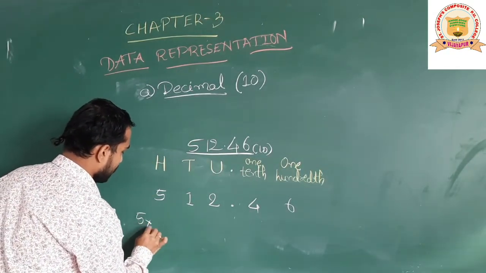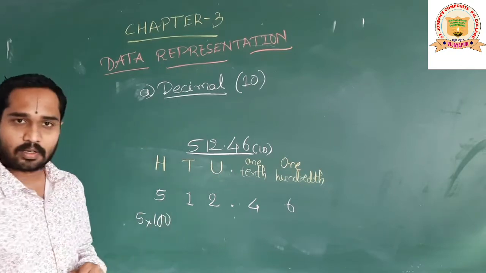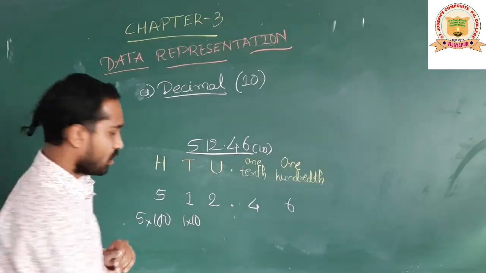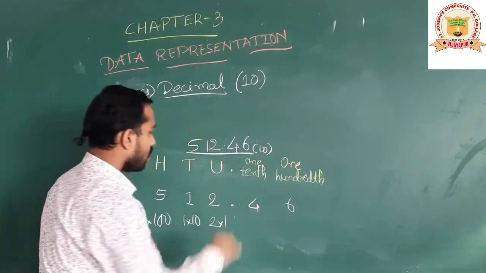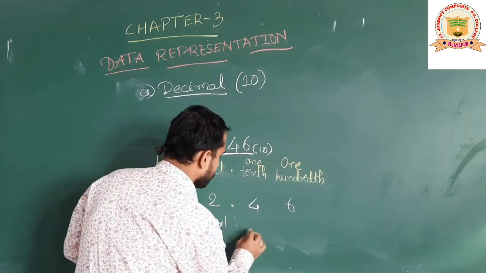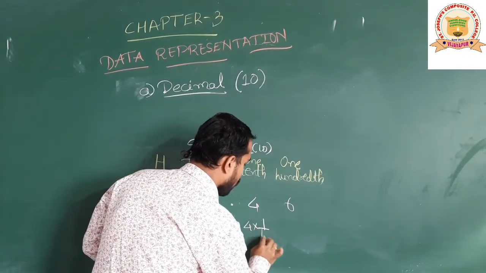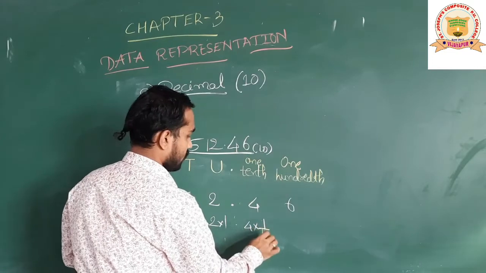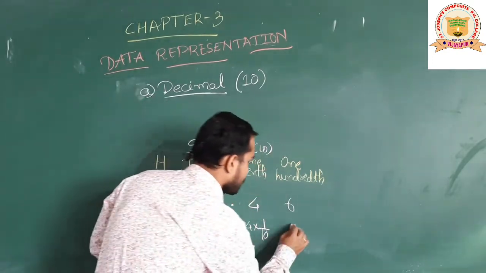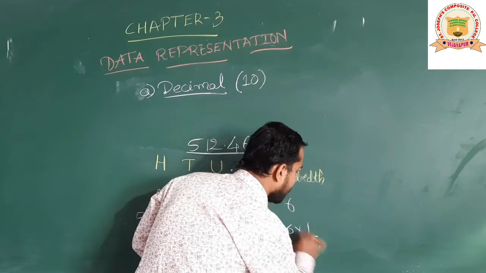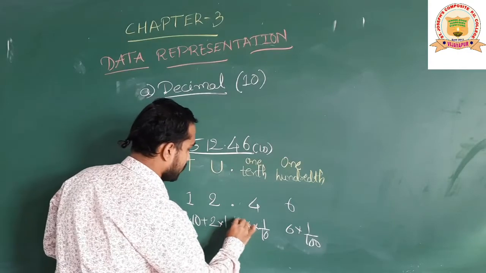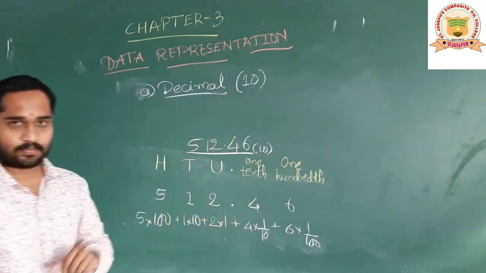So, what does this mean? 5 into 100. Correct? 1 into 10. 2 into 1, because it is units. Correct? Then what? 4 into 1 by 10. And 6 into 1 by 100. What happens when you add all these things?